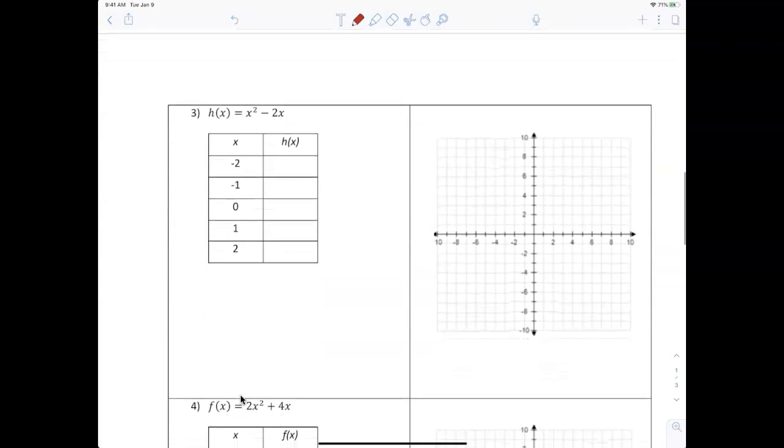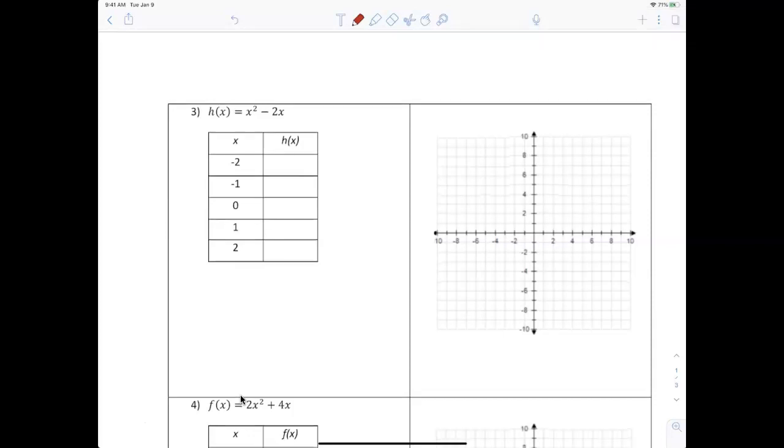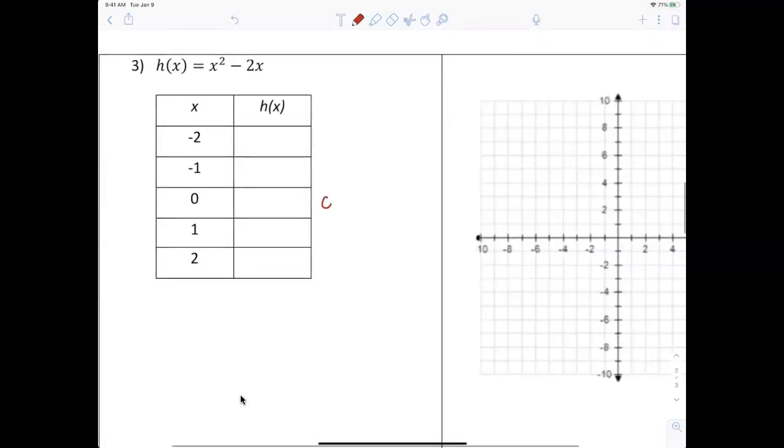Now with question number 3, it should be a little bit different because it's not in its basic form. We are still just going to plug in numbers and solve it out. The first thing I want to notice is if I plug 0 in, I'm going to do the work right over here. 0 squared minus 2 times 0 is still 0.